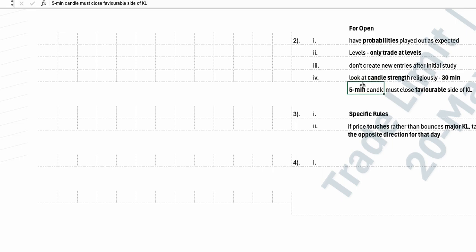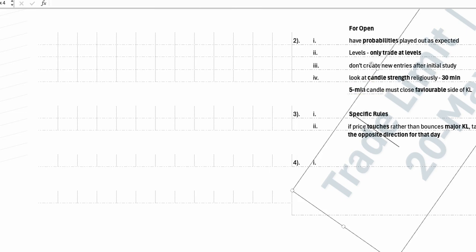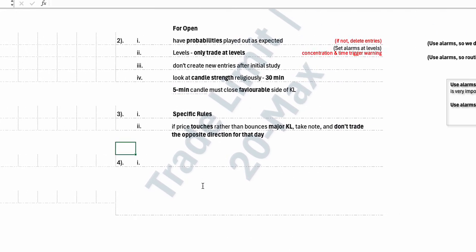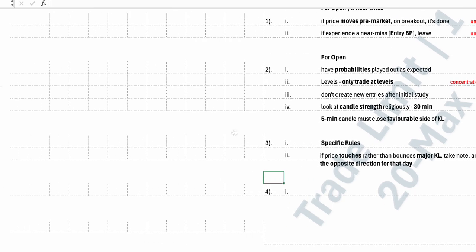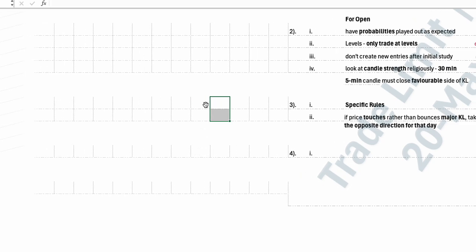Ideally, get a 5-minute candle on the favourable side of the key level. And I've got these shaded reminders here. Trade limit 1, maximum 20 minutes. So after 20 minutes of trading, I need to really close out, run a trailing stop loss, and reduce my concentration, because I won't be concentrating as hard.